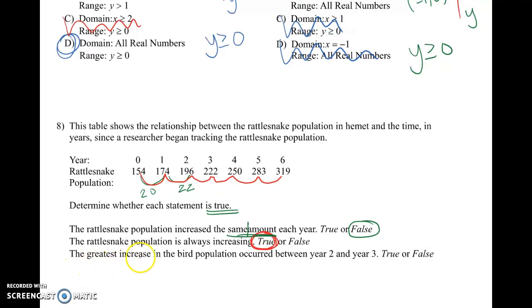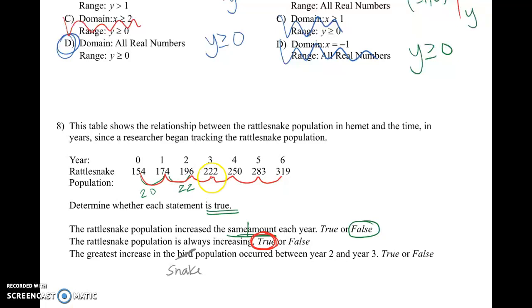Let's see. The greatest increase in bird population, that should be snake population, occurred between year 2 and year 3. So we need to figure out, let's see, this was 20, this was 22. We have to figure out in between each of these what our increase is and see if that's a true statement. So let's go ahead and do this.